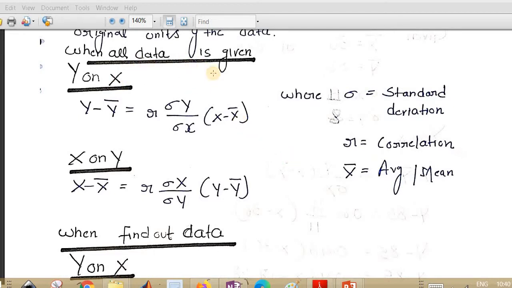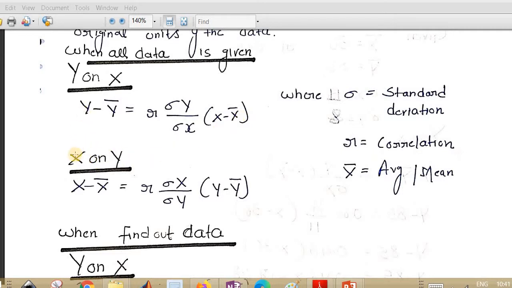So when all data is given, the y on x line is computed with the help of this formula: y minus y bar. What is y bar? It is the mean value of the y data, and r is the correlation coefficient, sigma y is the standard deviation of the y data, and sigma x is the standard deviation of your x data, and x minus x bar, where x bar is the mean of the x data.